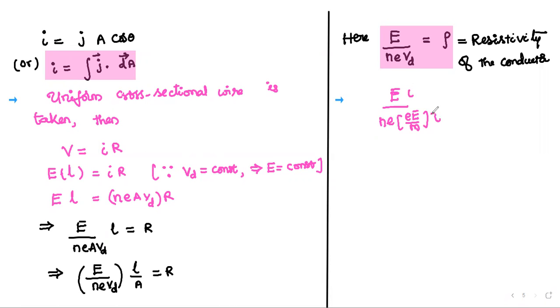Sorry, into tau. E over J equals rho. E cancels. That implies rho equals m by n e square tau.